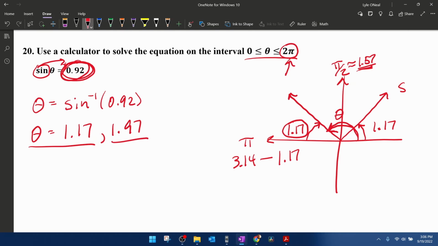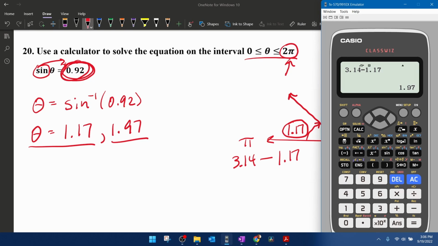Okay, now what we can do again is use the calculator to check our answers. Because if I plug these angles into the sine function, I should get an answer close to 0.92. So if I do sine of 1.17, as long as I'm in radian mode, it should give me a decimal value approximately 0.92.